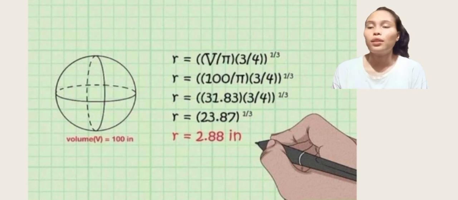So that's the steps. Our volume is 100 over pi, then times 3/4, to the power of 1/3.